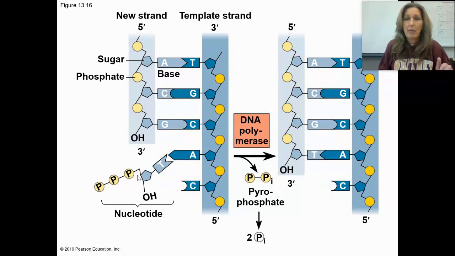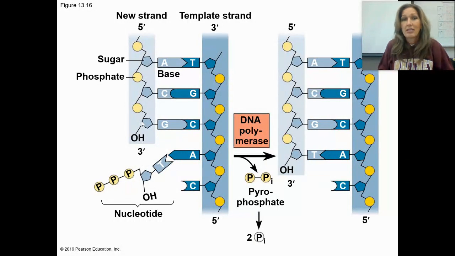So this is going to make a big difference when I'm looking at a replication fork and I already have my original strands of DNA, my template strands. One is 5' to 3', the other one's 3' to 5'. I'm going to have different directions of building my DNA. Because again, polymerases can only build DNA in the 5' to 3' direction, adding new nucleotides only to the 3' end of the new strand.